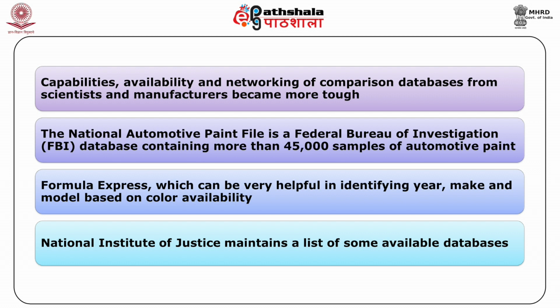For example, the National Automotive Paint File is a Federal Bureau of Investigation (FBI) database containing more than 45,000 samples of automotive paint from manufacturers dating back to the 1930s.